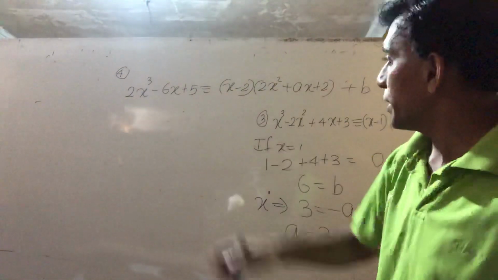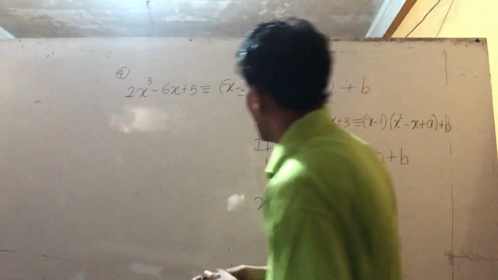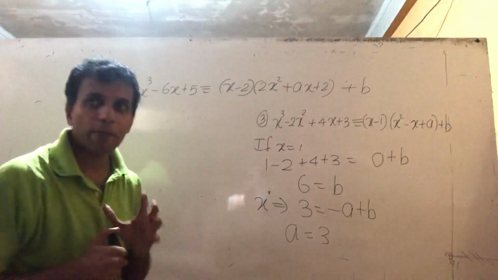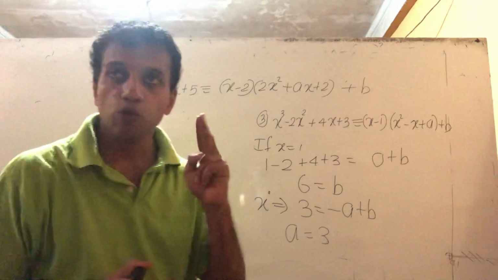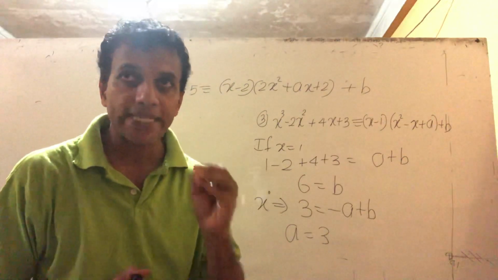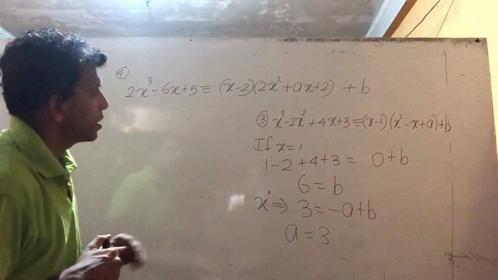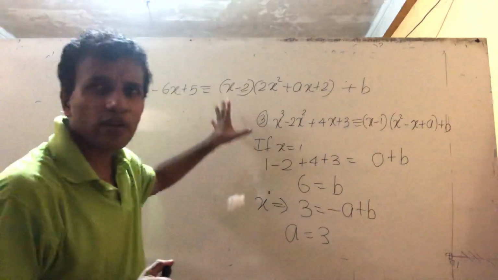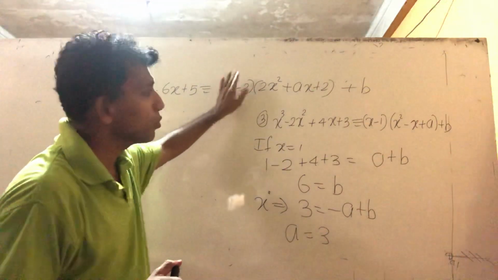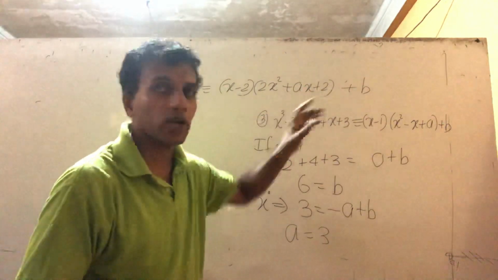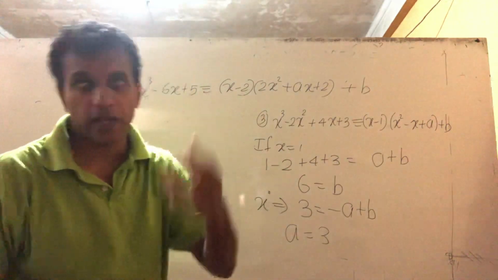Okay, now we find these a and b values by using a more suitable method. I worked you two methods; you decide which is the easy method. So the idea: make this 0, right? Put x for 2, then this is 0, and only b is available, so we can calculate the b answer.